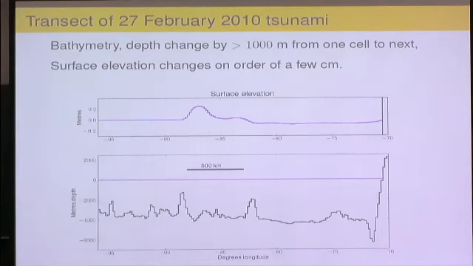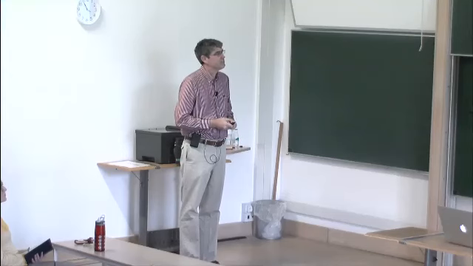But if you zoom in on the surface at the resolution of 20 centimeters here, you can see the tsunami wave. So we're trying to resolve something that's 20 centimeters in amplitude on top of something that's varying on the order of thousands of meters. And you really have to use this well-balanced method, or else you'll get huge inaccuracies in the solution.